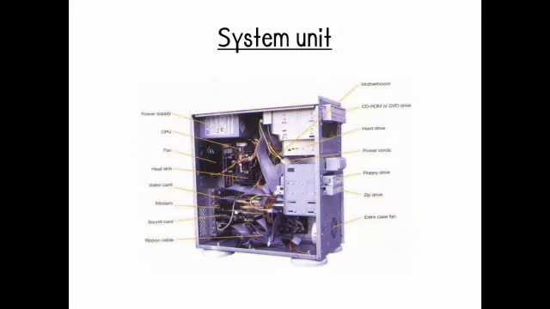This is the system unit. Some people say this part comprises the major components of the computer system, but this is the system unit. Now, the other parts that are add-on or auxiliary parts to this system unit are what we refer to as the computer peripherals.